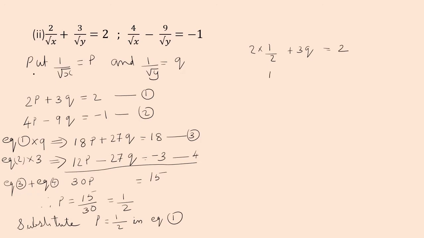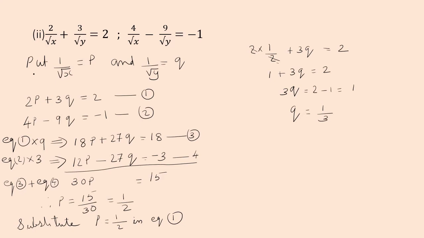That is 2 and 2 getting cancelled. 1 plus 3q equal to 2. 3q equal to 2 minus 1, that is 1. q equal to 1 upon 3.